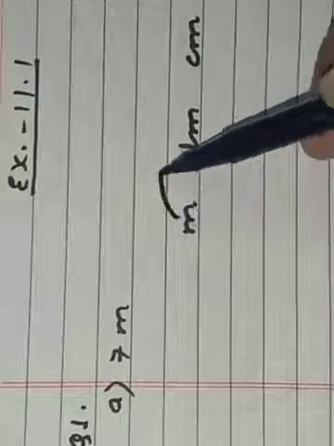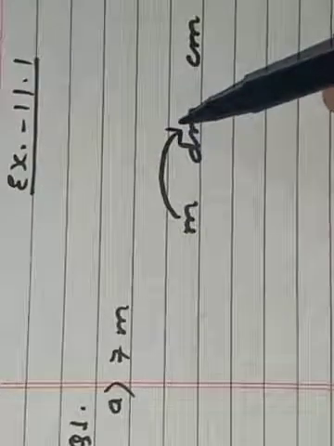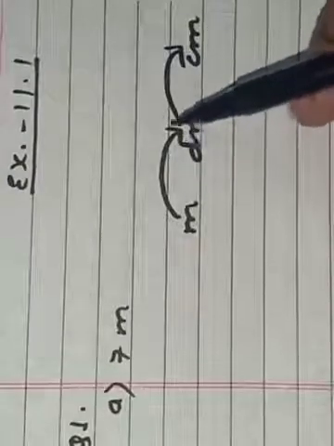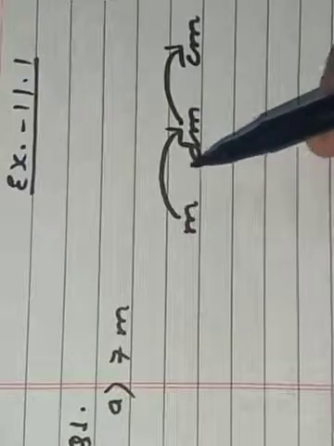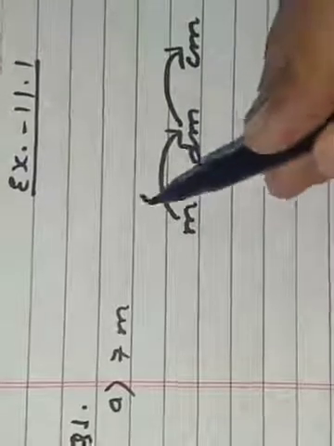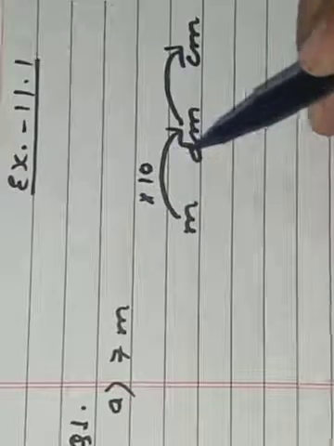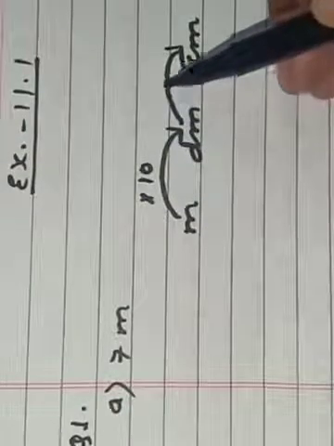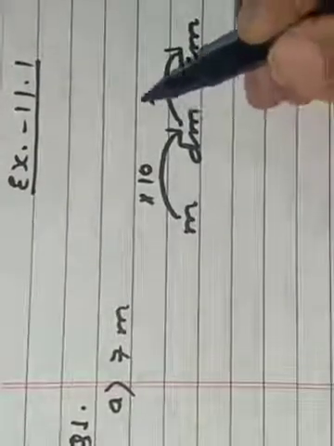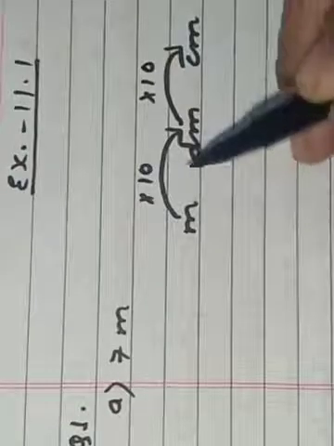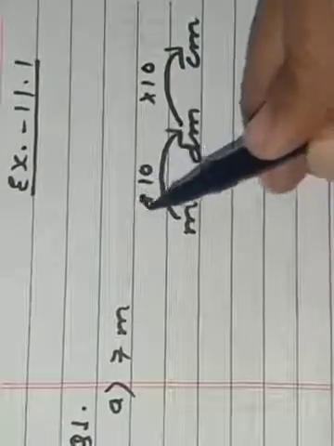So 1 and 2. We have to move 2 places. We have already learnt that the value of a unit is 10 times the value of the unit to its right. As we move 2 places to the right, the factor is 100.